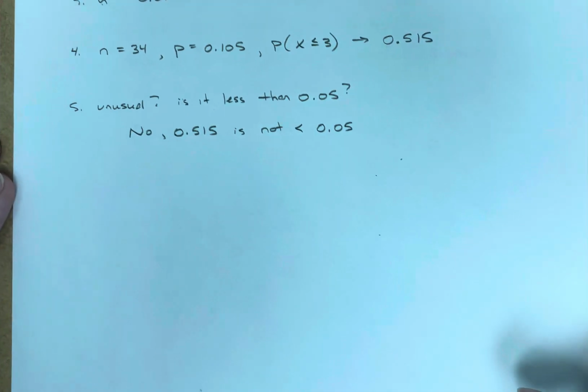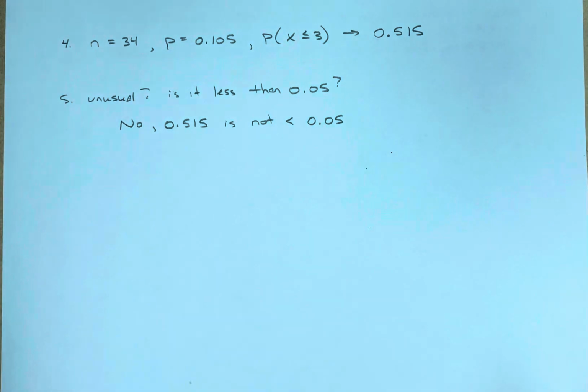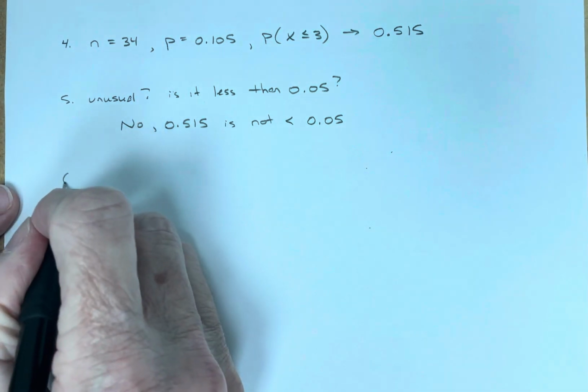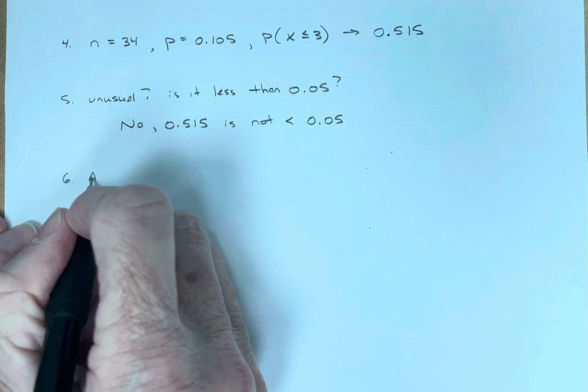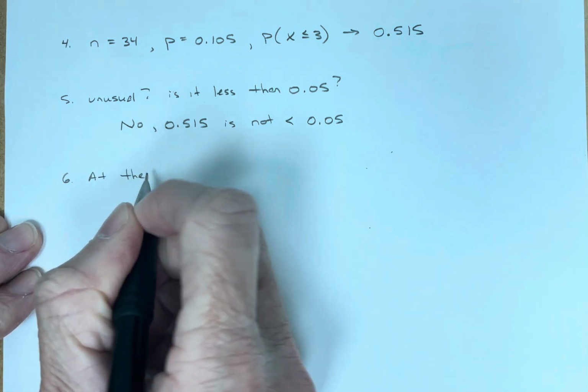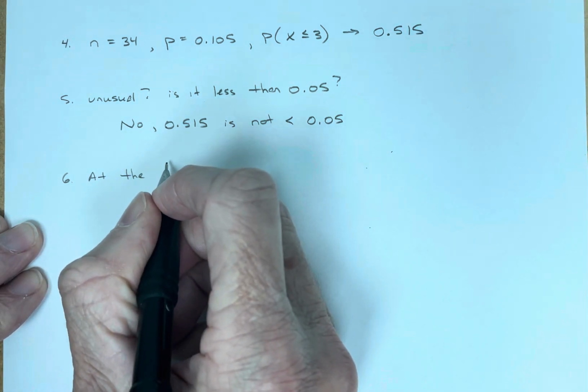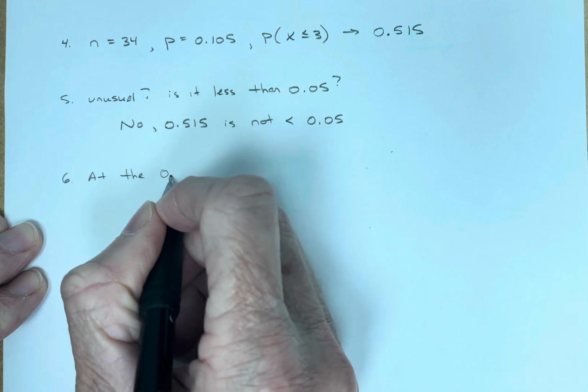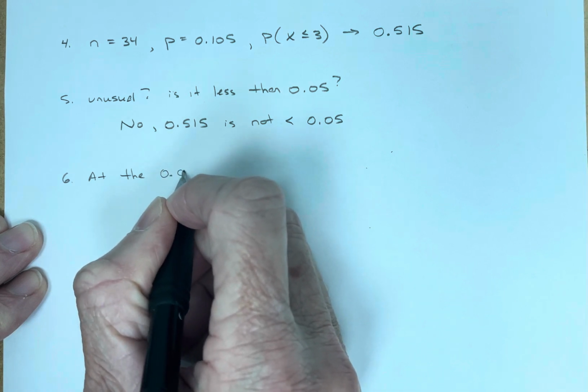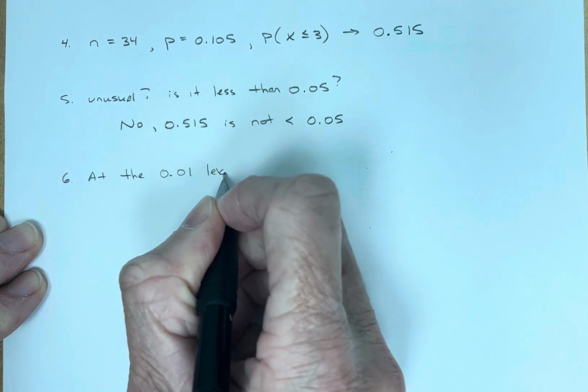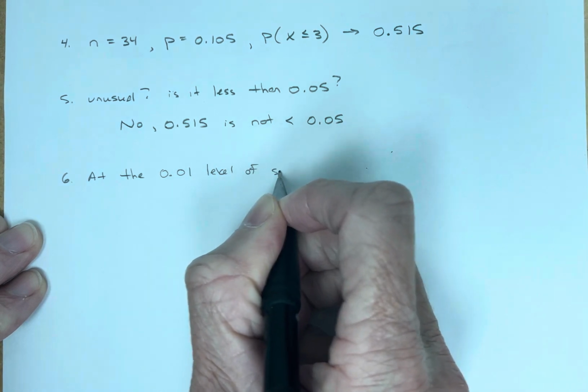So we do not reject the null hypothesis at the 0.01 level of significance.